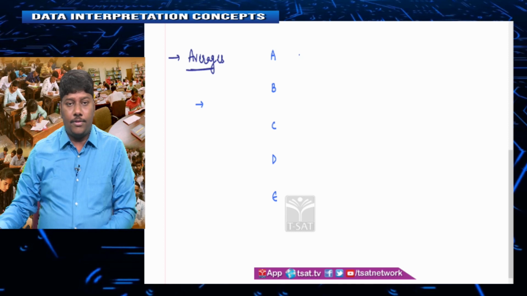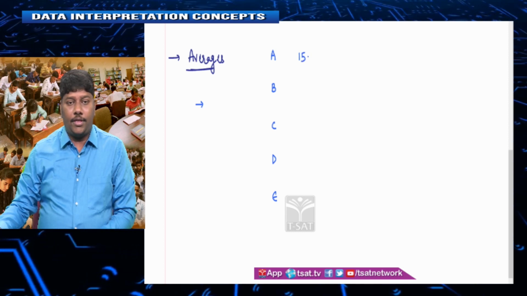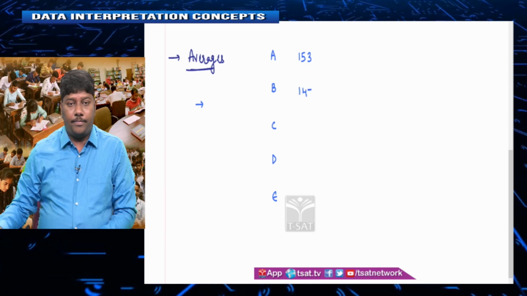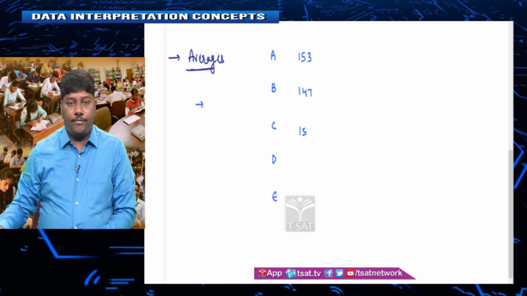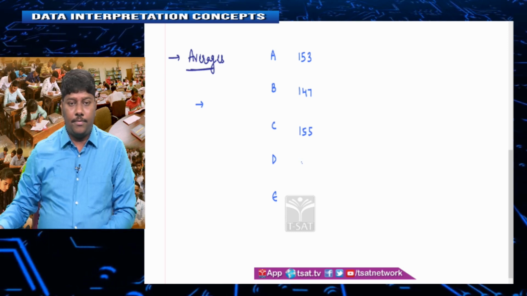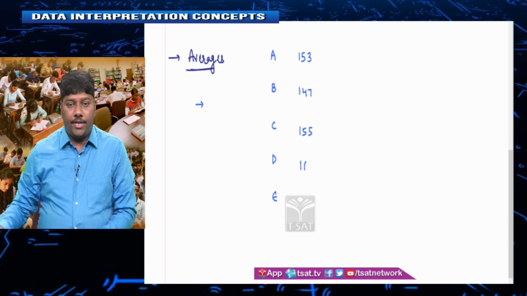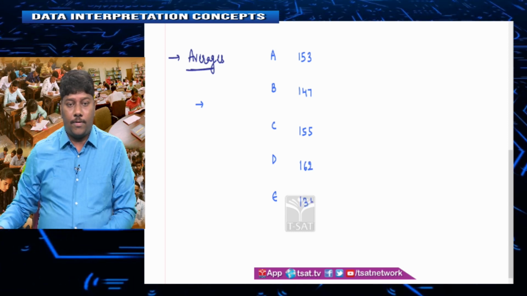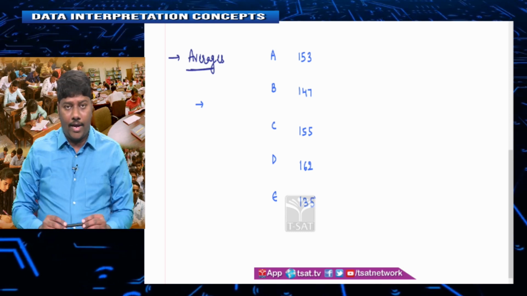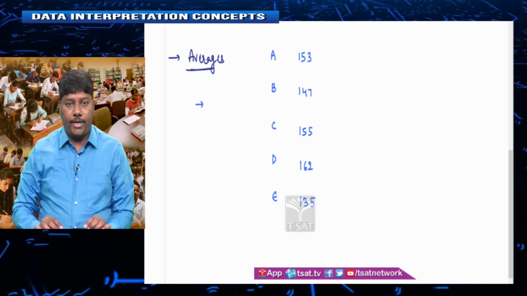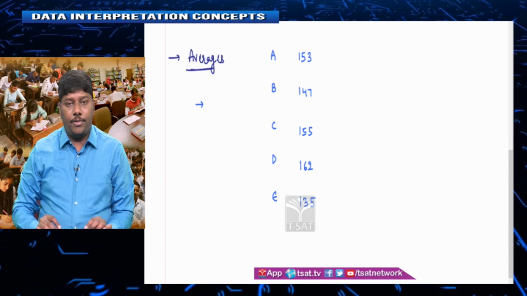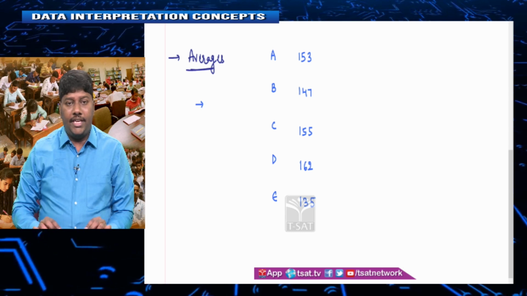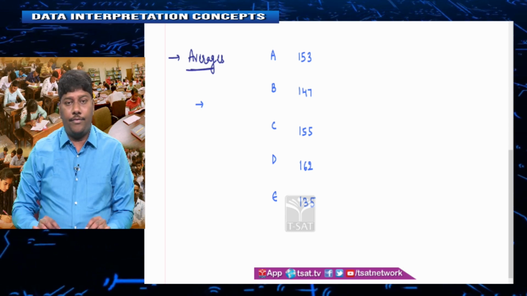Let's say the values are 153,000 cars, 147, 155 in terms of 1000, 162, 135. All the values are close to each other. These are the number of cars produced by the 5 companies, and all the values are near to or close to 150.